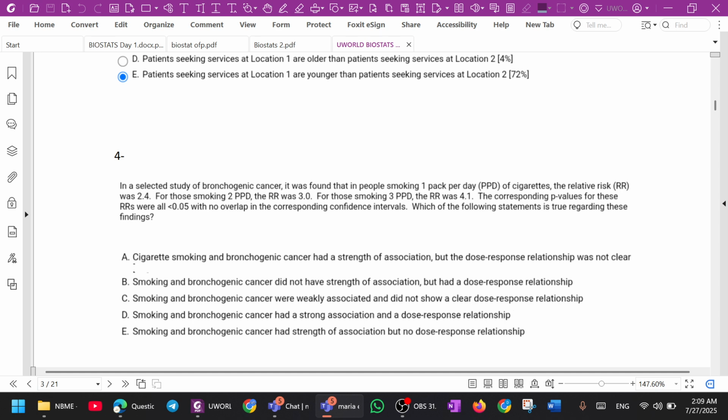For smoking 3 packs per day, the relative risk was 4.1. The corresponding p-values for these relative risks were all less than 0.05, with no overlap in the corresponding confidence intervals. Which of the following statements is true regarding these findings?